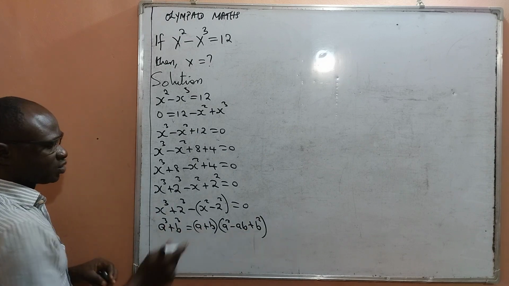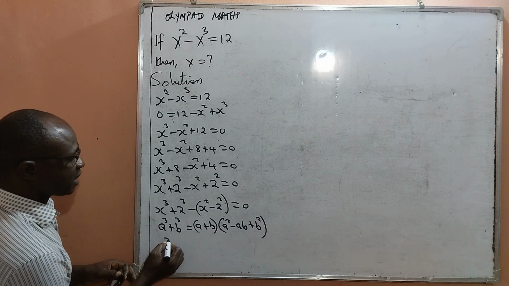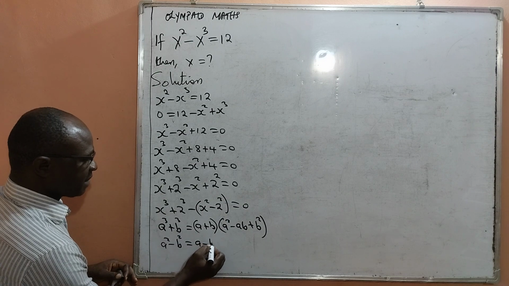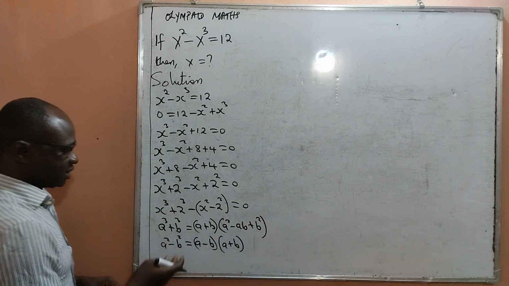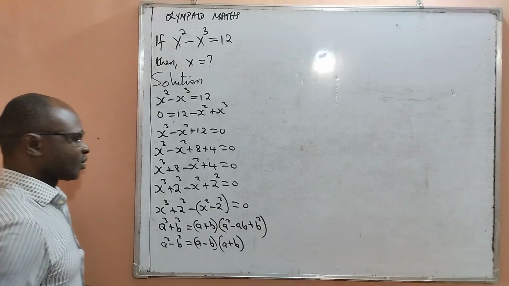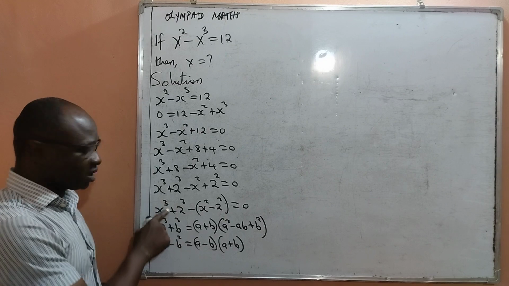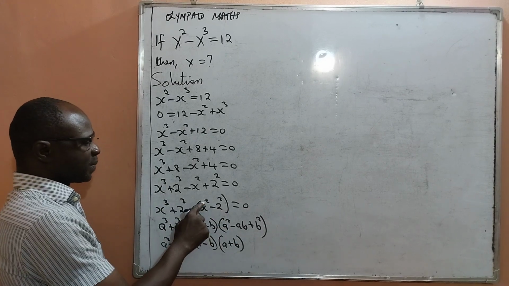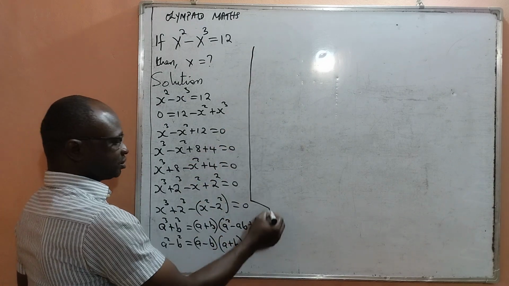Also, a squared minus b squared is equal to a minus b into a plus b. Alright, with these two, we can apply it to what we have as x raised to power 3 plus 2 raised to power 3 minus into the bracket x raised to power 2 minus 2 raised to power 2.